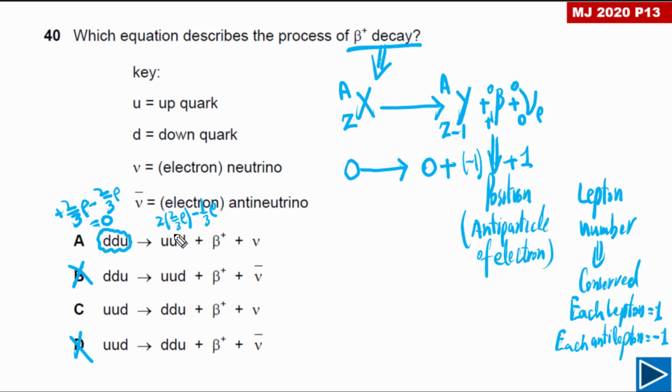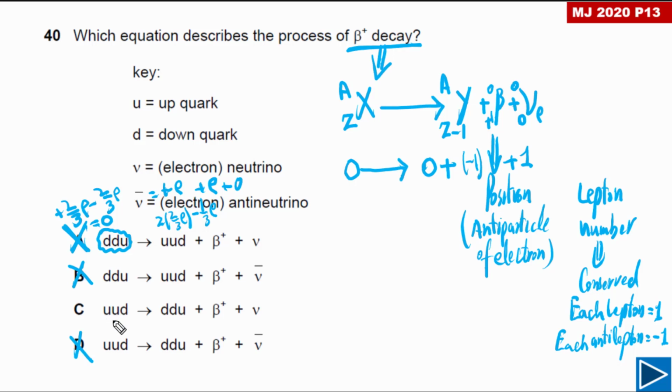So the total charge on these 3 quarks is equal to plus e. The charge on this beta plus is also plus e, and the neutrino has no charge. So the charge on the right side is not equal to the charge on the left side. It means this nuclear reaction is not possible.